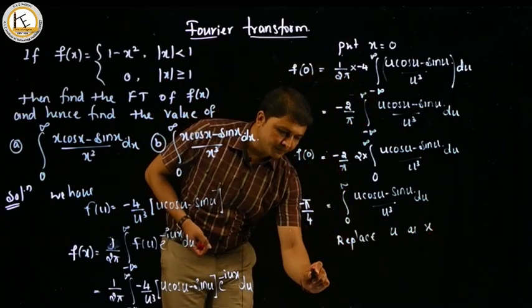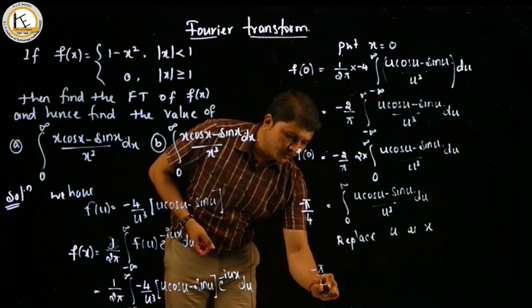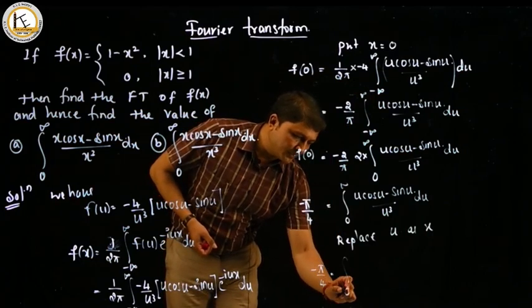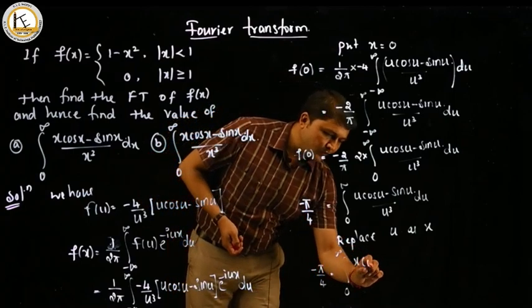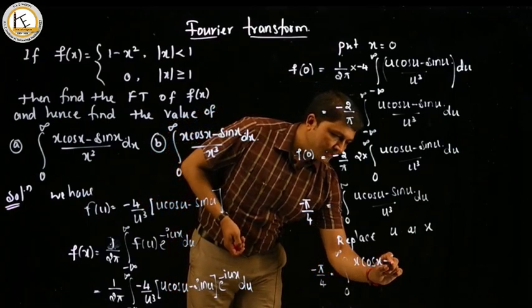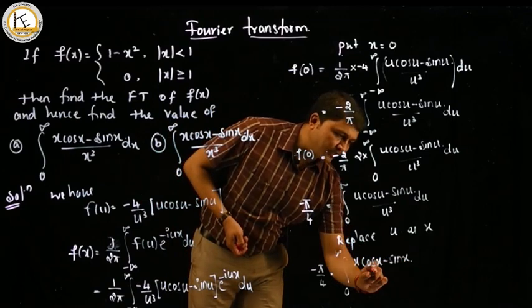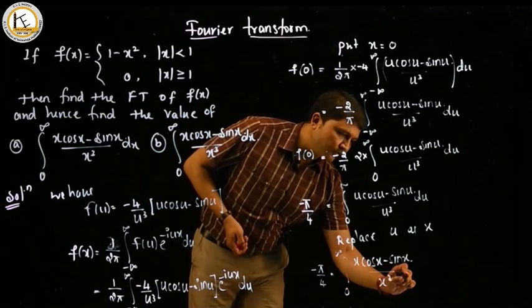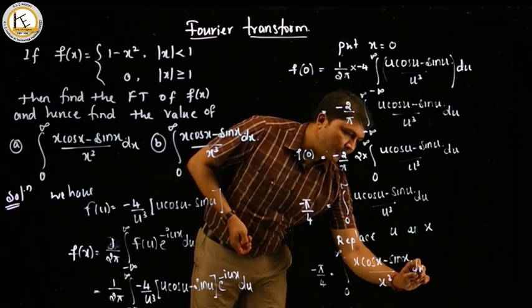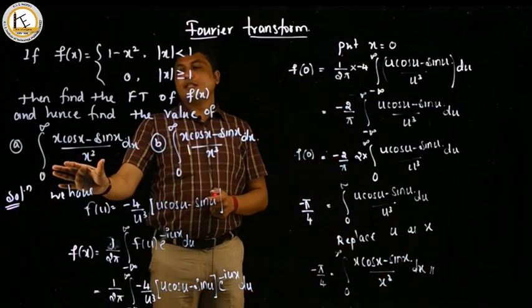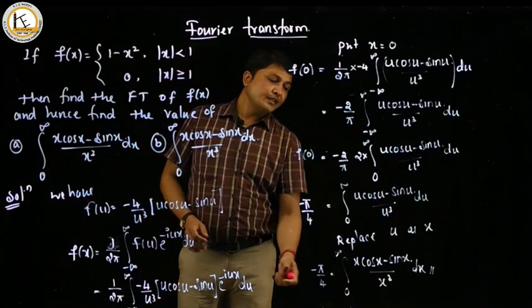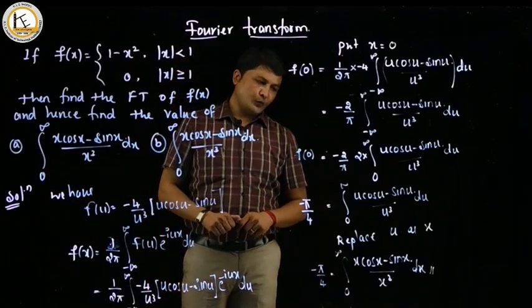So we get minus pi by 4 is equal to the integral 0 to infinity x into cos x minus sin x divided by x cube with respect to x, and that's the value of the integral. So it is equal to minus pi by 4.